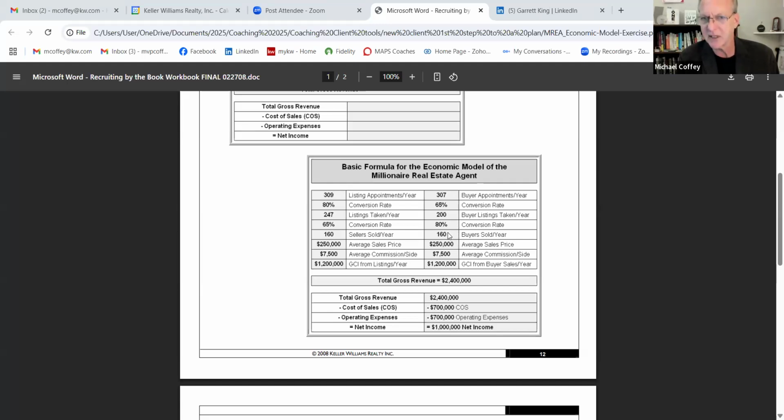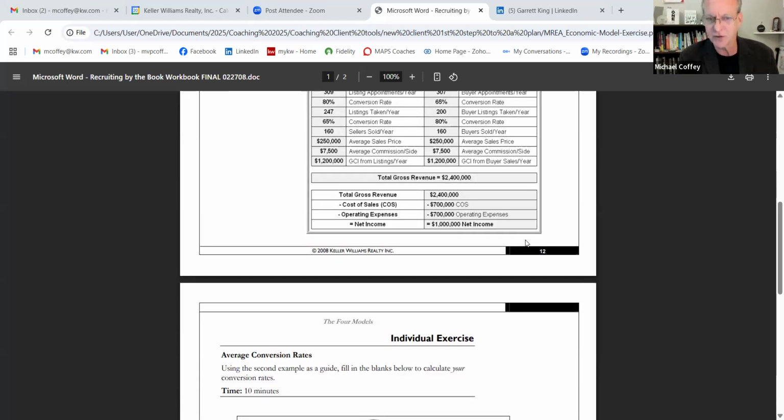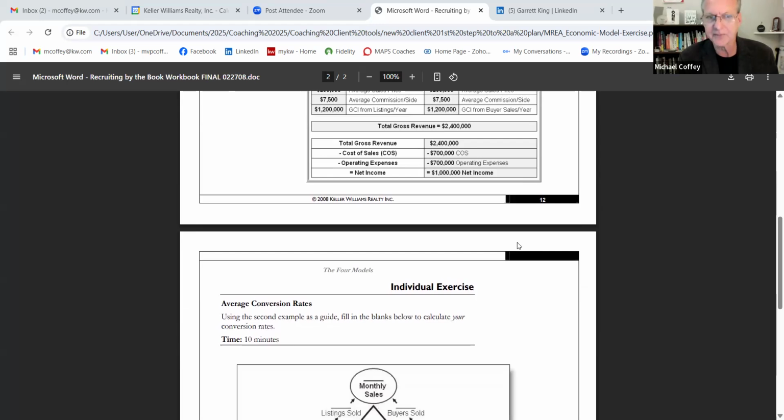So you end up with the same number on both sides, but the conversion rates are going to be different. We use these conversion rates to have a discussion about what's important to track, not to tell you that these are going to be your numbers, right? And you'll also find that the bigger your business is, it's likely that your conversion rates are going to be lower because you're doing more business with people who may not know you, trust you, and like you already.